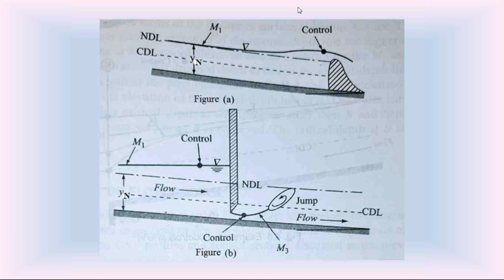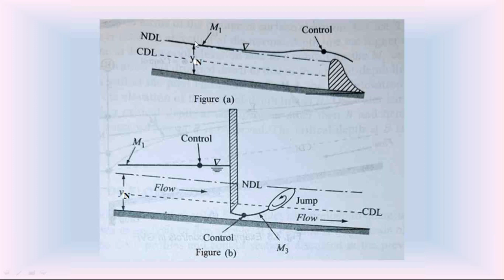H is the depth of water flow at this location. So here at this weir, between the depth H and the discharge Q, we have the relationship Q equal to 2/3 Cd L root 2g H power 3/2. So this section is called the control section in this M1 water surface profile, because at this section between the depth H and the discharge Q, we have the relationship. So this is called the control section.